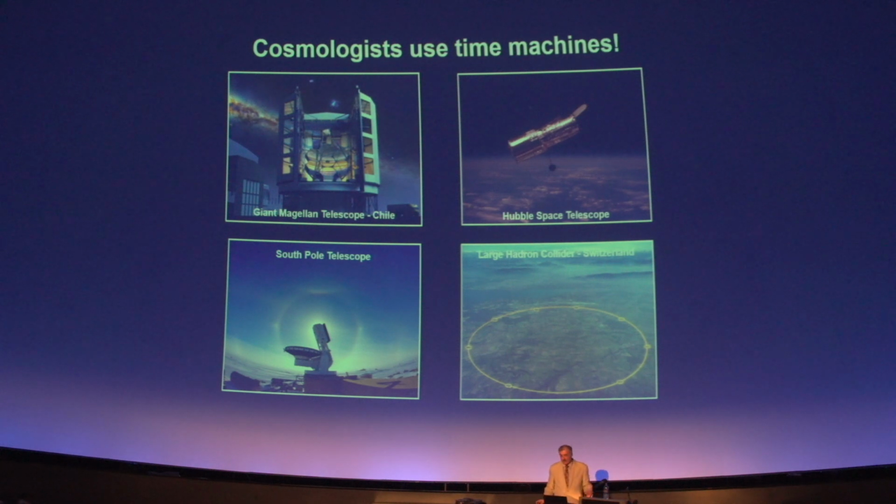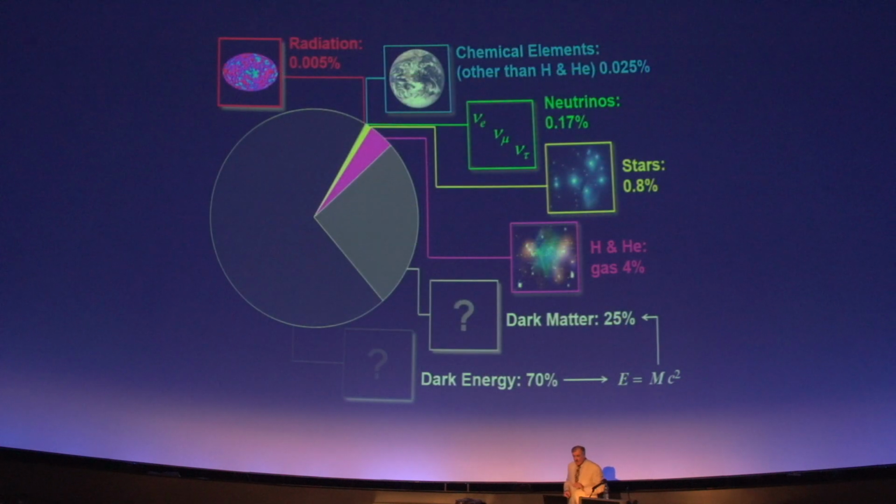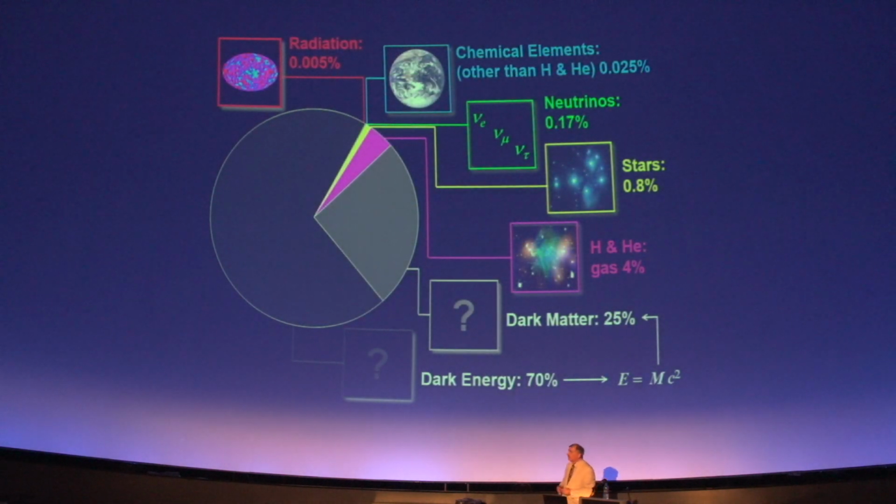Now, as we watch the universe evolve, one of the things that we try to understand is how the composition of the universe changes. What is the universe made of? A simple question. Well, I'd like to talk now about the present composition of the universe, and that's illustrated in this slide.